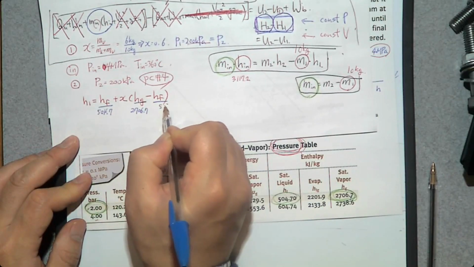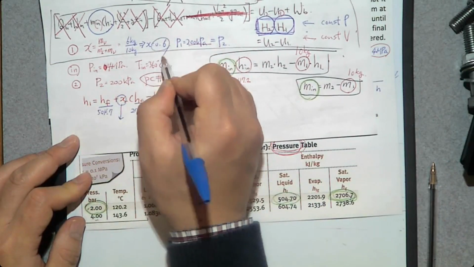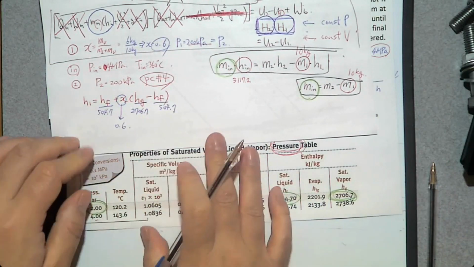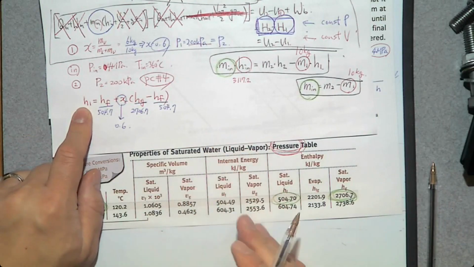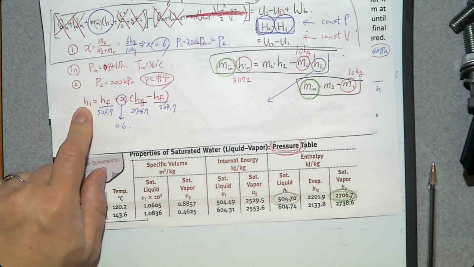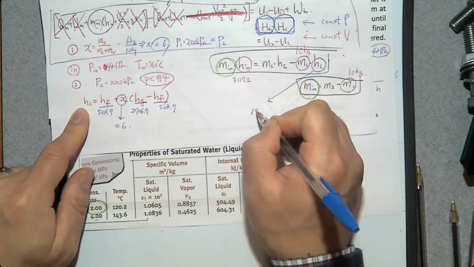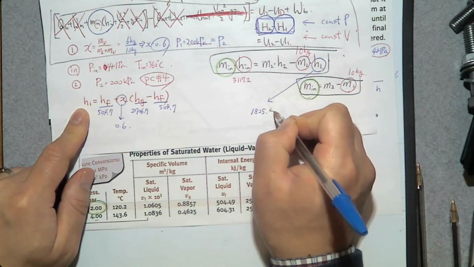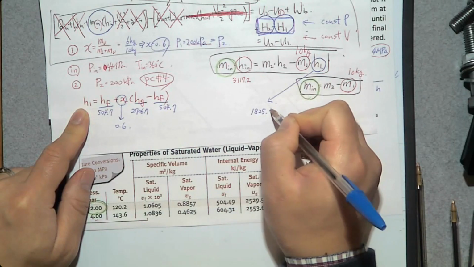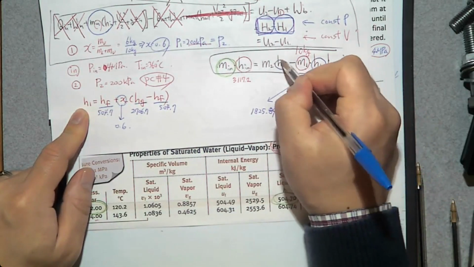Hf again 504.7. Quality X is 0.6. So can you determine H1? Yes, you can. H1 is 1825.4 of 0.84. What about H2?